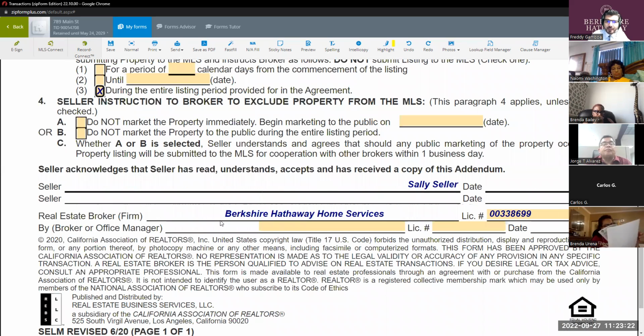Now, right here, please be very careful, okay? Who's the broker or the office manager? You. Exactly. I have to approve it, or the broker, Mr. Dennis Rosas, the president. You guys don't have the right to approve a listing to get removed, excluded from the MLS.